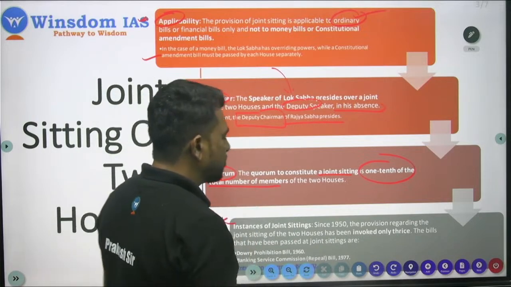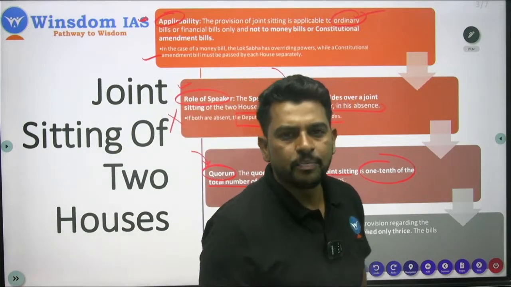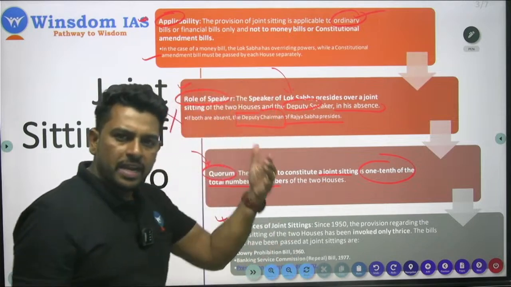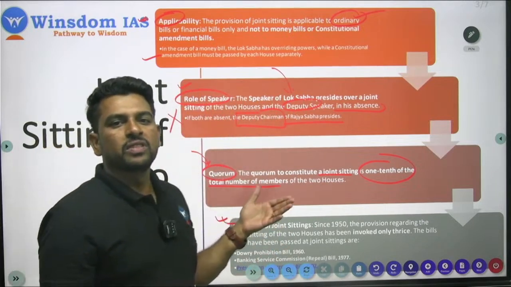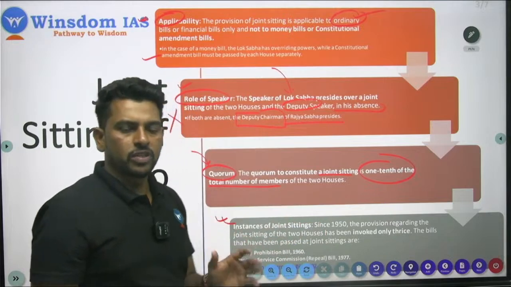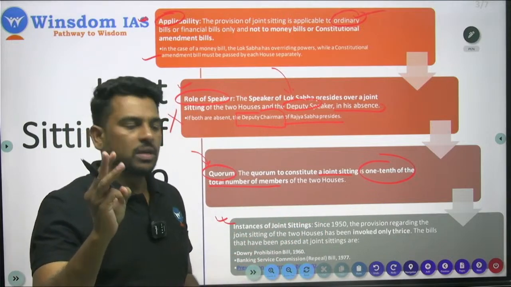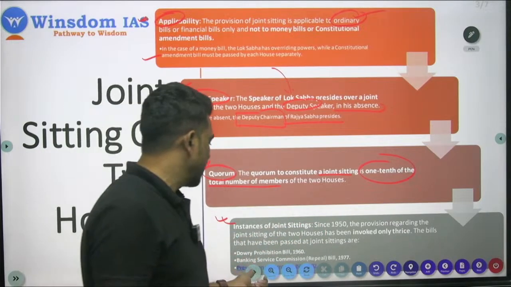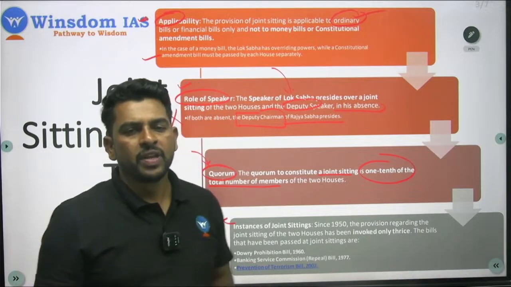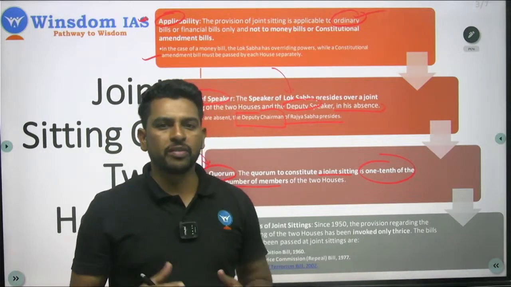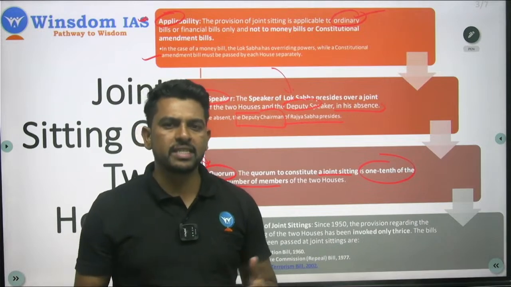Now there are some instances in the entire history from 1950 till date. Only 3 times has our President called for the joint sitting, because the joint sitting is a less democratic process, right? We will discuss that later.